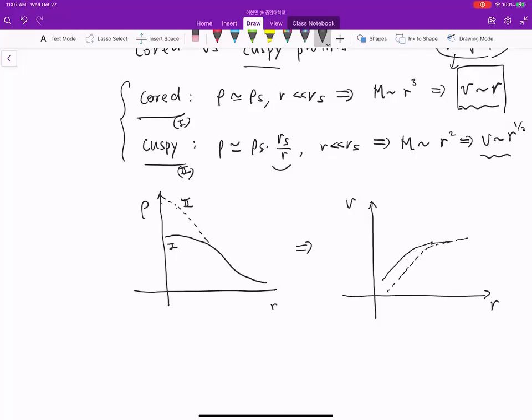Okay, so this is the slope. It looks almost the same, so maybe I need to change this. In any case, in the case of the cuspy profile, the velocity increases faster than in the cored profile. So you have a larger velocity in the inner region, okay?